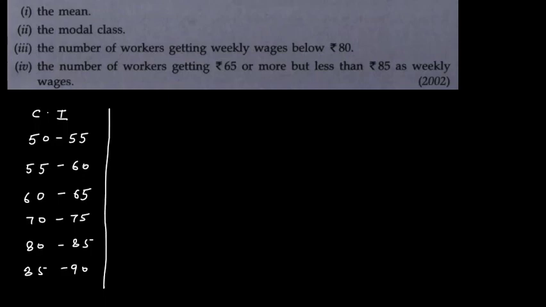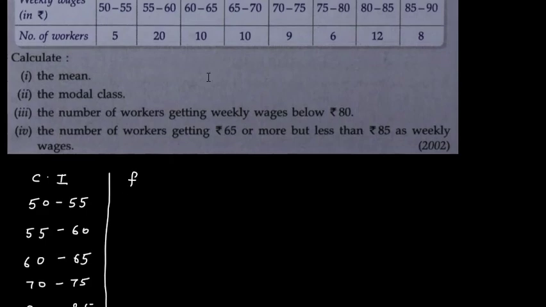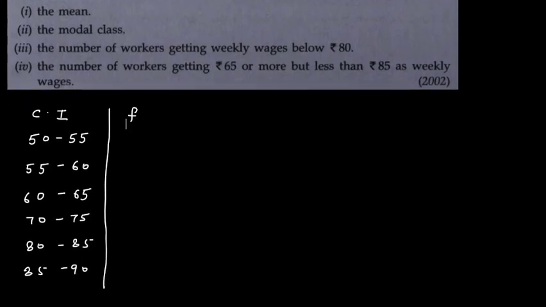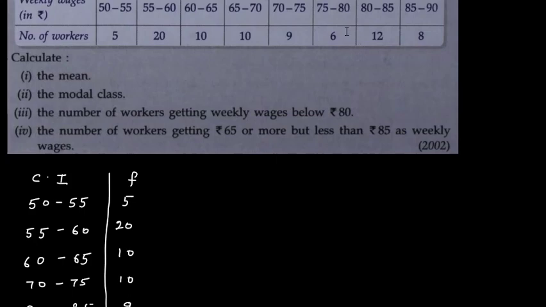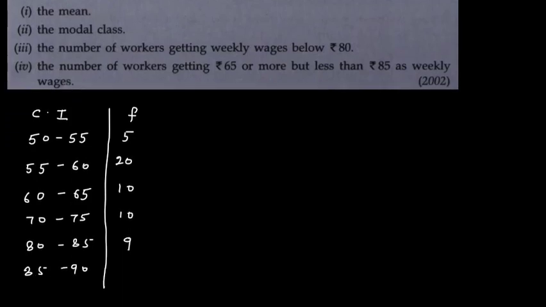Then the next column is for frequency. So their respective frequencies are 5, 20, 10, 10, 9, 6, 12 and 8. So I missed something. 50, 55, 55, 60, 60, 65, 65, 70 I missed. A lot of things I missed here.